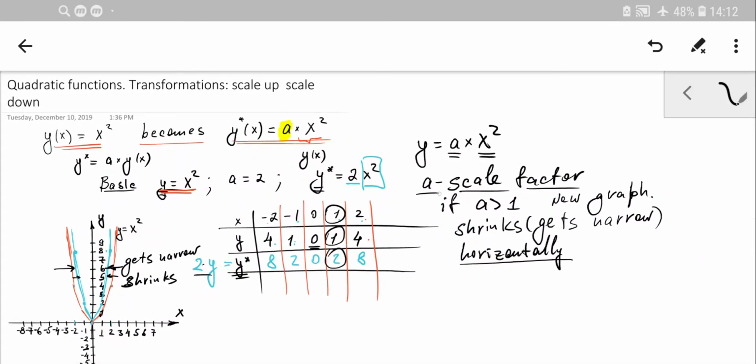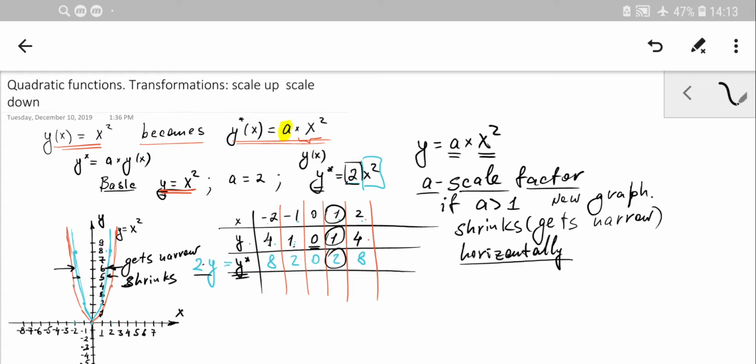algebraically, by applying scale factor a, and if the scale factor is more than 1, we simply have multiplication of all the previous values by a, and if it's more than 1, we understand that all values are raised by some number, which is a in this case. Okay, in our case a was 2, so all values of the previous y function are raised by 2 times more.